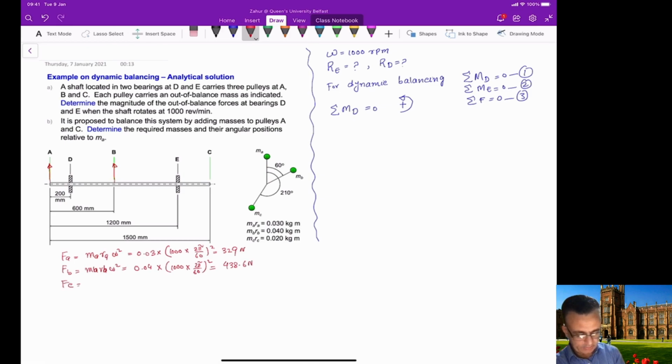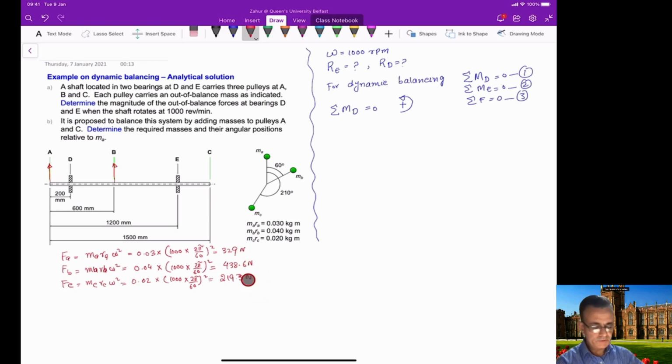Similarly, you can calculate FC, which is going to be MC RC omega square, and MC RC is 0.02. If you multiply this with the 1000 RPM converted into radian per second, this will be 219.3 Newton. So we now have the actual centrifugal forces, not just MARA, MBRB, or MCRC, given in Newton.